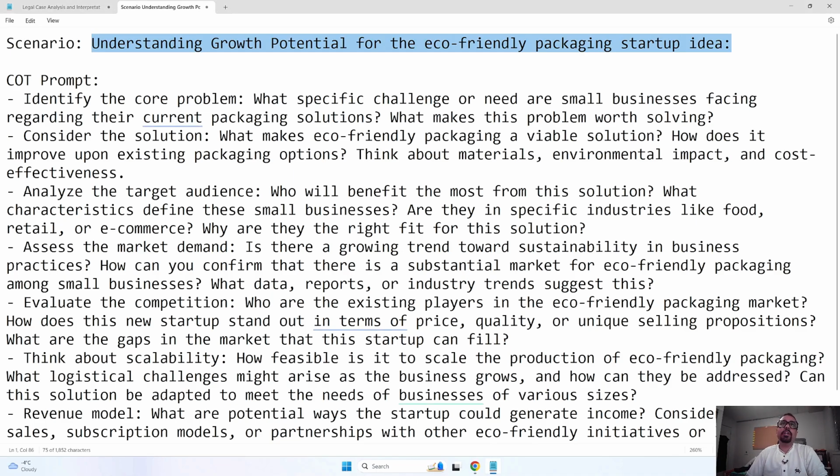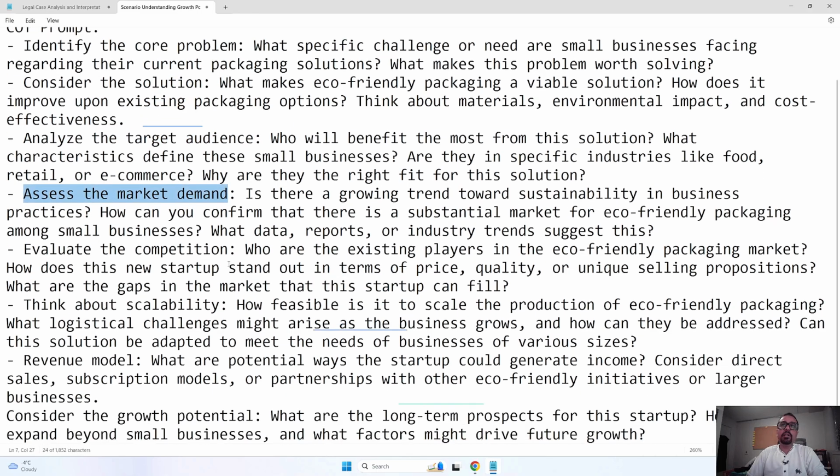So over here, we are using a COT prompt. Now, you will see I have passed multiple chains of thought. Let me first highlight over here how many chains of thought I have passed. The first chain of thought is this one, identify the core problem. Second, analyze the target audience. Third, assess the market demand.